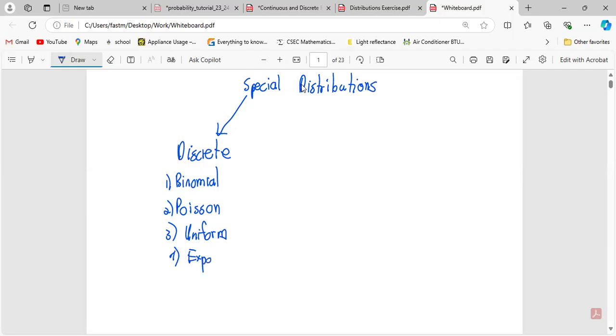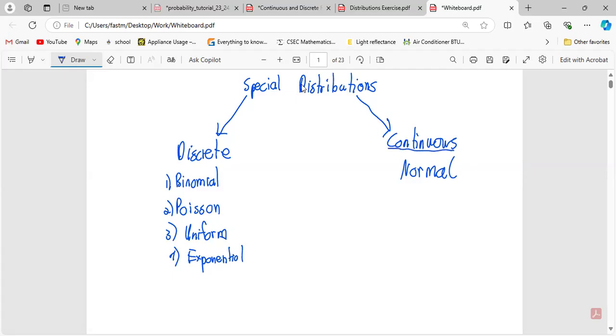Exponential is a weird one. For continuous, the only one you need to know is the normal, or Gaussian, distribution.